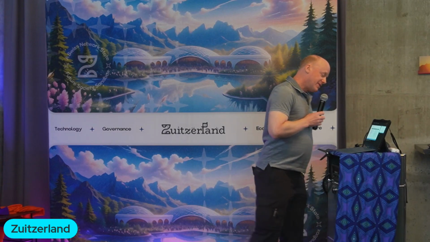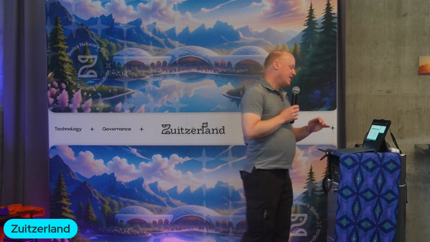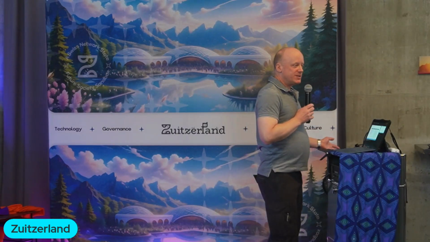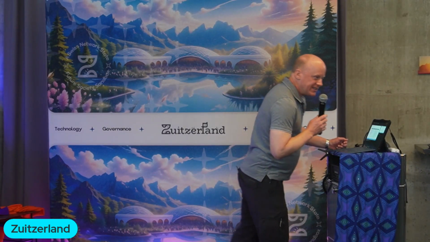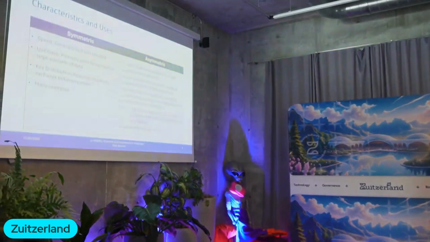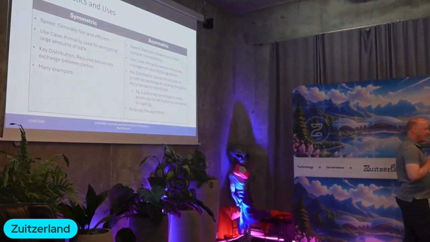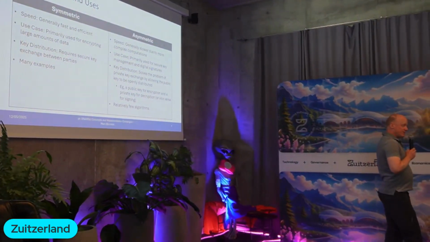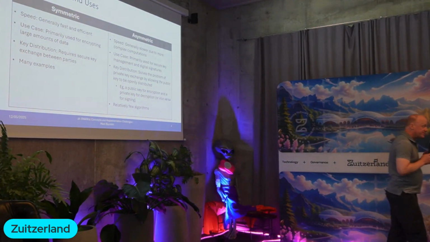In terms of the number of algorithms, there are many different types of symmetric cipher. If you know how to design these things, it's fairly easy to design a reasonably good cipher. But with the asymmetric or public key algorithms, there are relatively few in practical use.